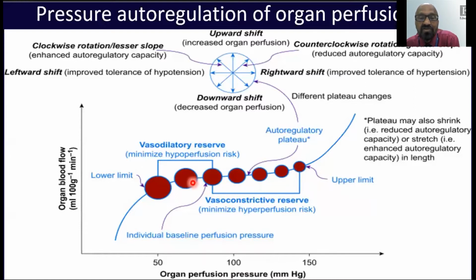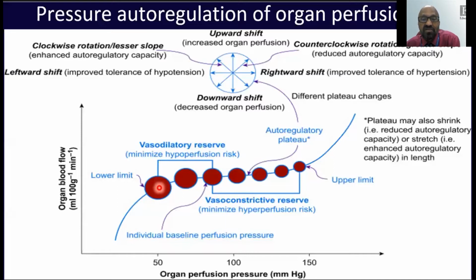This can be subdivided into a vasodilatory zone and a vasoconstrictive zone. As the pressure increases, because of the intrinsic response of the vessel, there is vasoconstriction trying to maintain the blood flow, whereas in the zone down below on the same line, there is vasodilation occurring to maintain the blood flow.